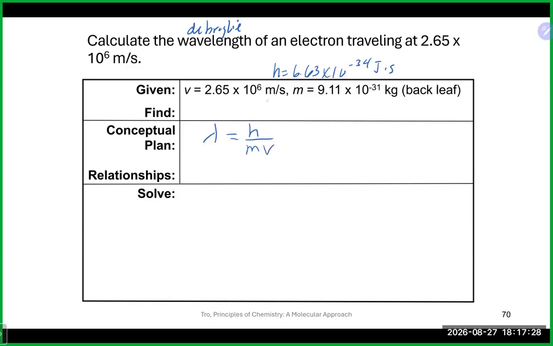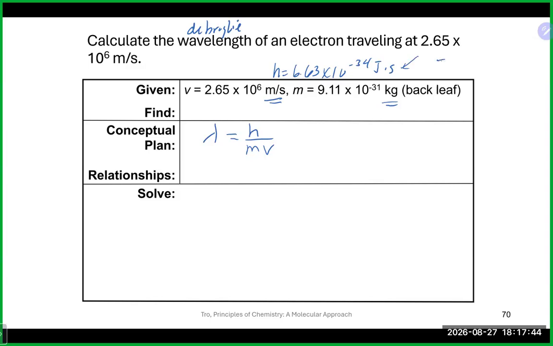We are given the velocity, and as I mentioned earlier, it is in the correct units we need, which is meters per second. We also have the mass given to us, which is also in the correct units, kilograms. And Planck's constant is still Planck's constant.